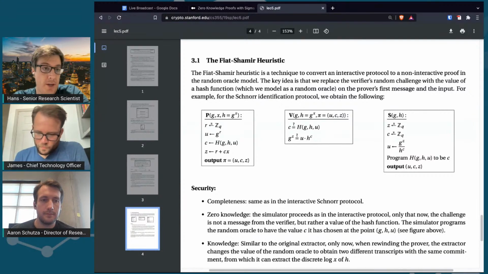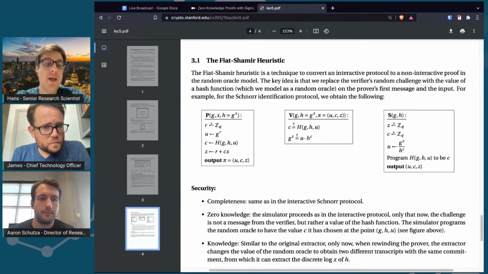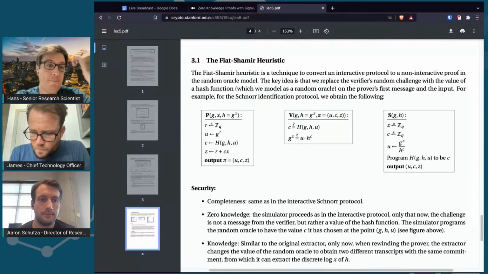Well, if we didn't want it to be interactive, we wanted the verifier to be able to generate their own C in a secure way, we can do that using a hash function. By sharing T, the verifier can know what the challenge would have been by just hashing the commitment, and they can get C. Meanwhile, the prover also can get C without having to wait for the challenge to come back from the verifier.